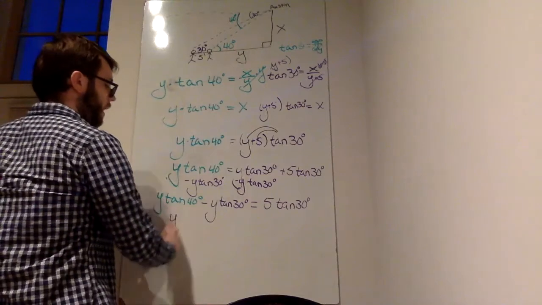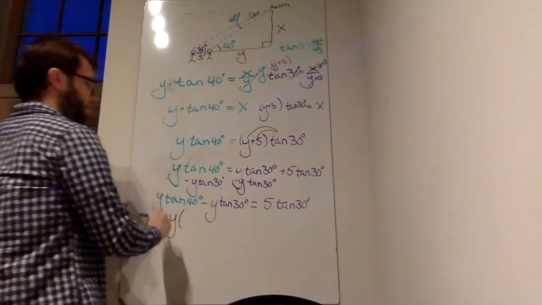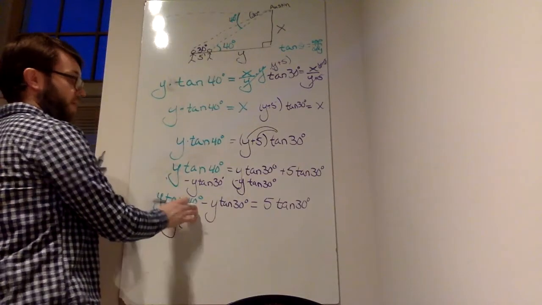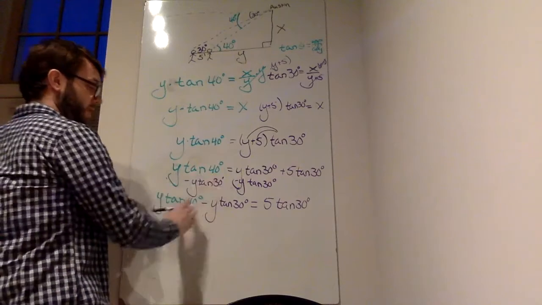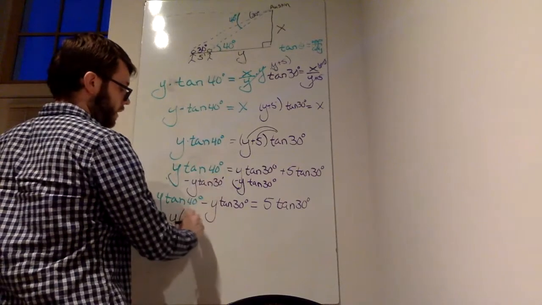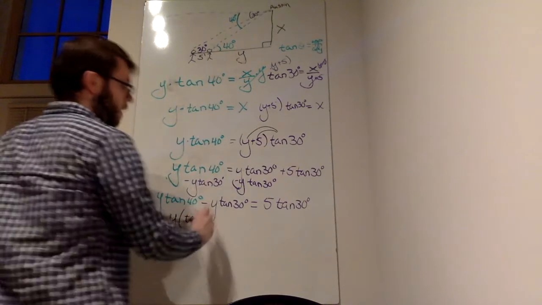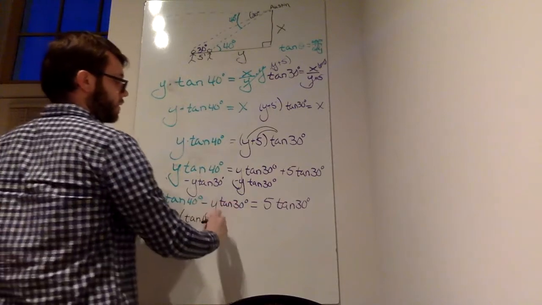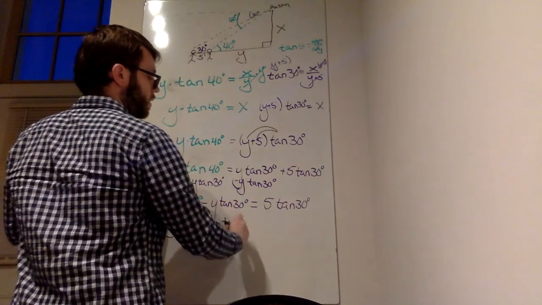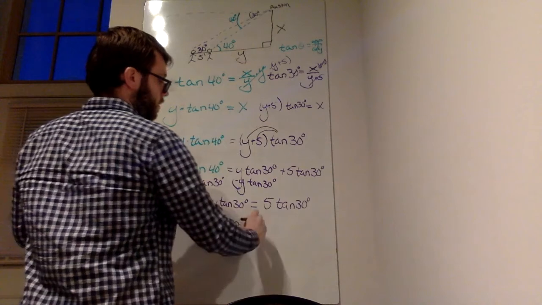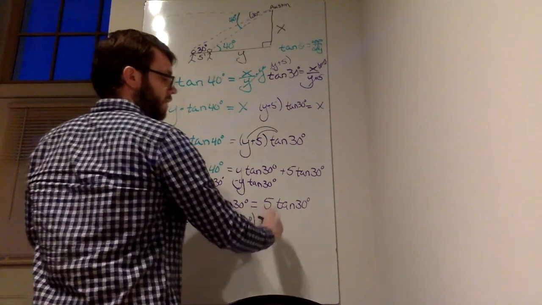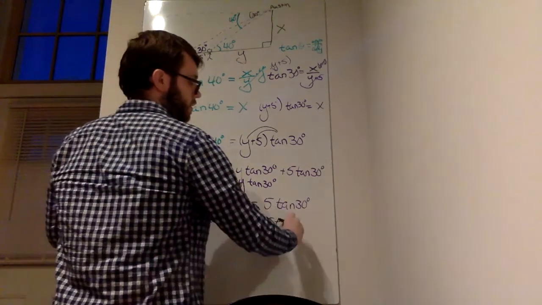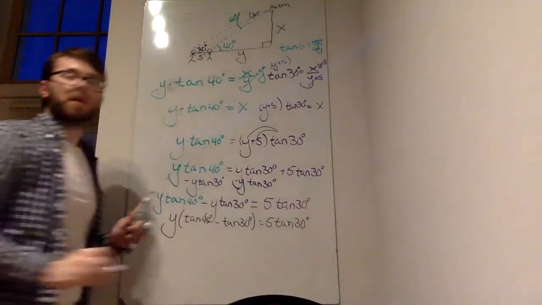So we have y times, when we factor out the y, we're just left with the tangent of 40 degrees. And when we factor out the y from here, we're just left with a negative tangent 30 degrees. That's still equal to 5 times the tangent of 30 degrees.